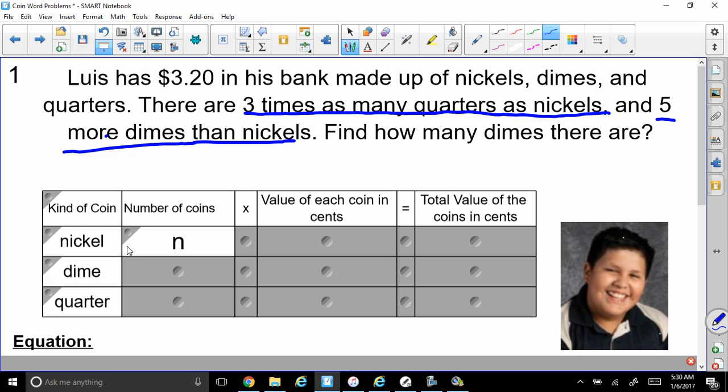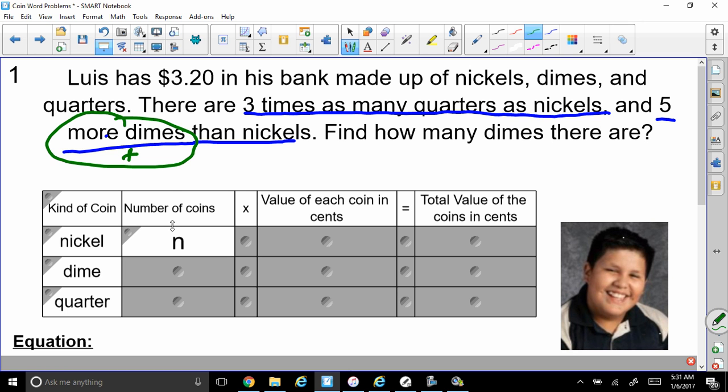Now, let's talk about the dimes. More than is another way of saying plus. So you have 5 more dimes than nickels. You're going to have more dimes than nickels, 5 more as a matter of fact.